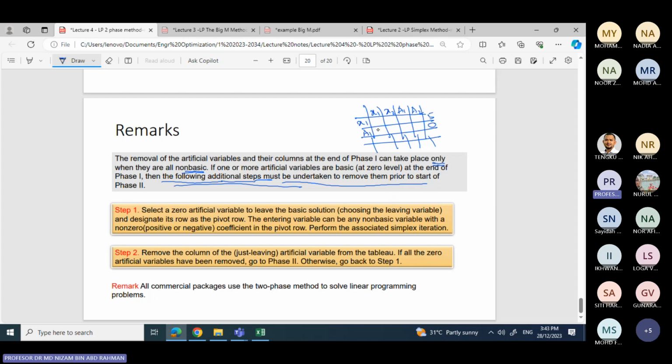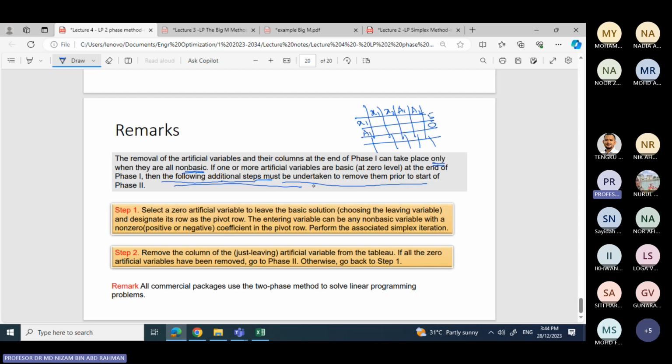At the end of the iterations, A1 is still part of the basic solution variables, but its value is 0. If the value is non-zero, then you stop. But if the value is 0, then if one of the artificial variables is basic at 0 level at the end of phase 1, then the following additional step must be undertaken to remove them prior to the start of phase 2.